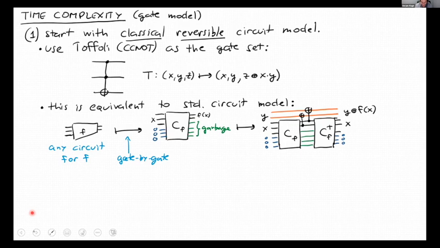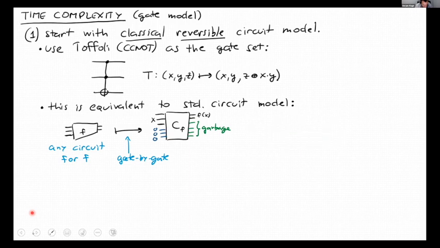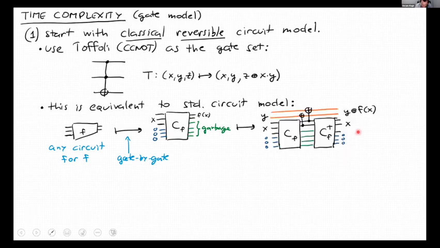But that's okay, because now I can do another transformation. Here's what I can do to make sure that there's no garbage, and to actually reset my ancillas to the initial state. I'm just going to add some extra wires, which will serve as the output register.